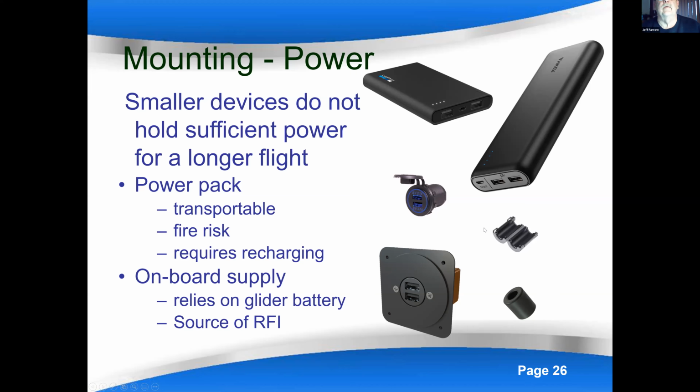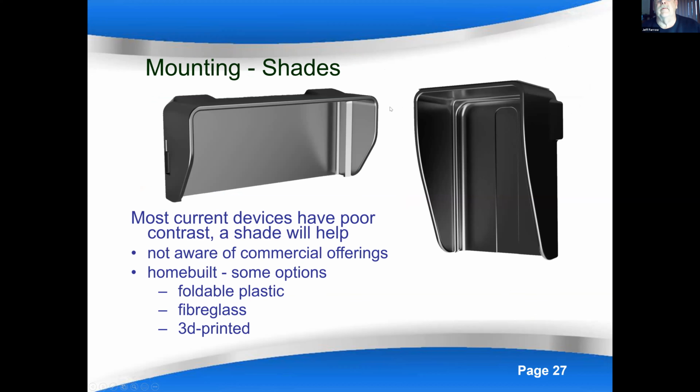The last thing you may want is some form of shade over the device. The contrast on these devices is pretty poor, so that's one way of actually improving it. I haven't seen much in the way of commercial things, but there are various ways of making your own.